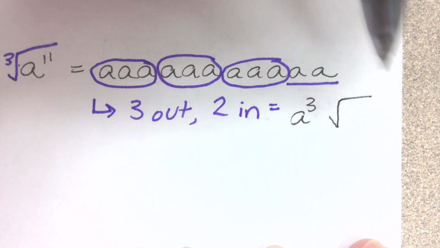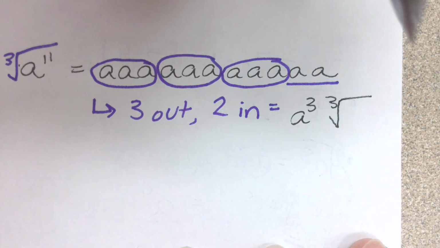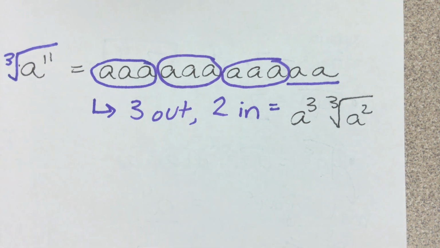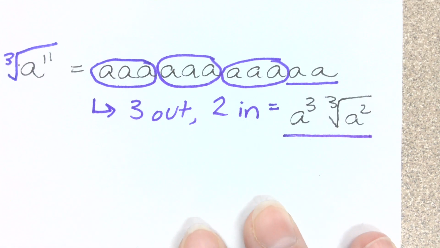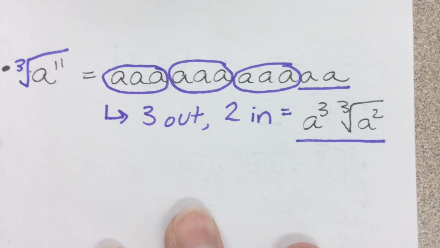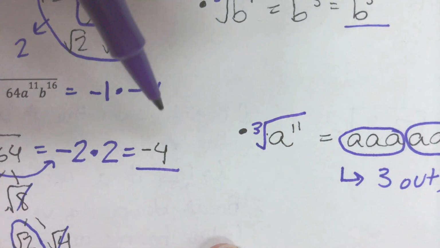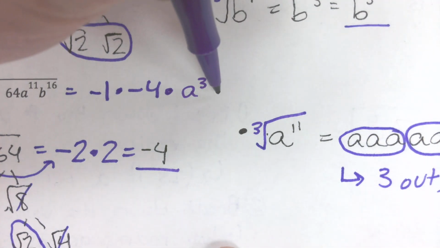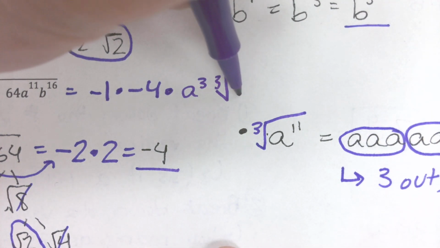And then under that cube root, we have 2 a's left, so a squared. That's the proper way to write it. I'll add that to my answer area over here. A cubed, cube root of a squared.